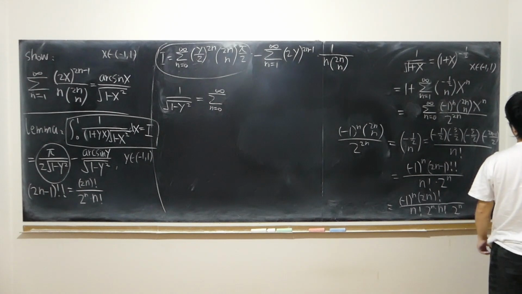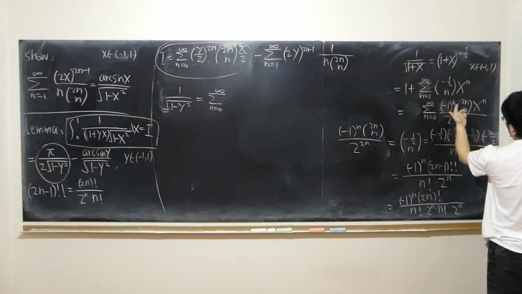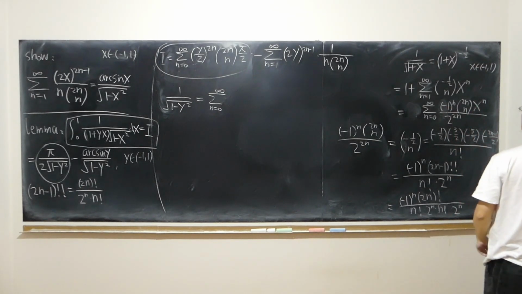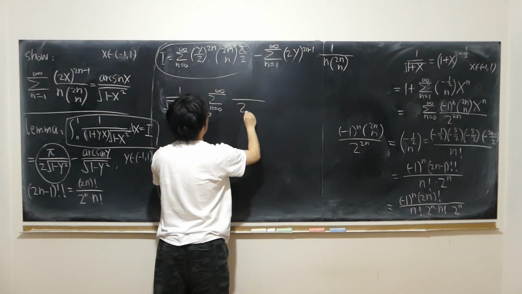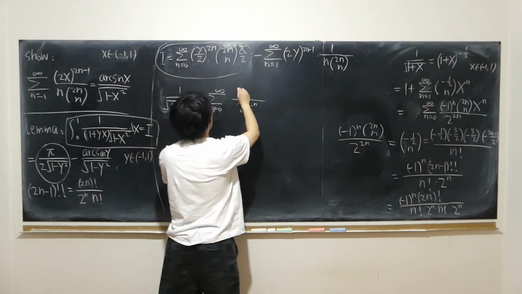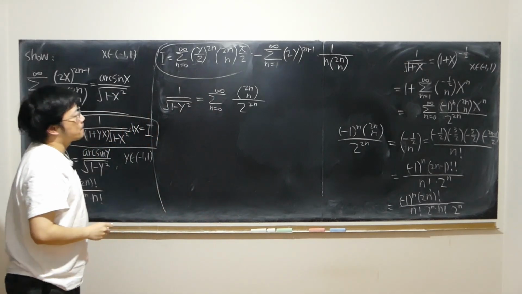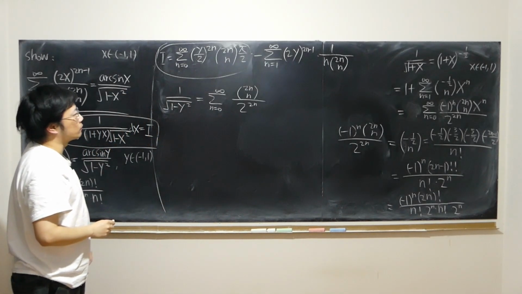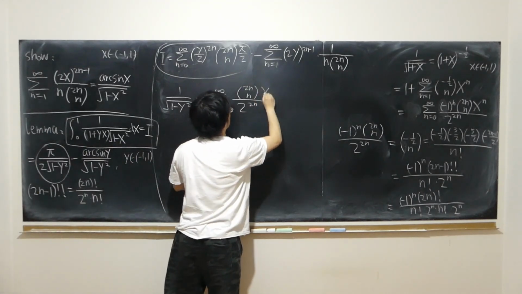Negative y squared to the power of n distributes to n, so the negative to the power of n cancels out with this negative to the power of n, and that becomes positive. You copy down 2n choose n over 2 to the 2n. There are no more negatives. So y squared to the power of n is just y to the 2n.